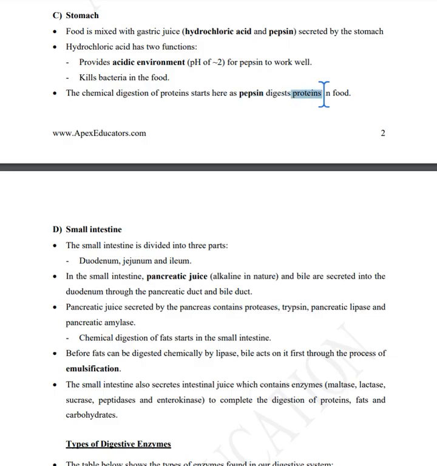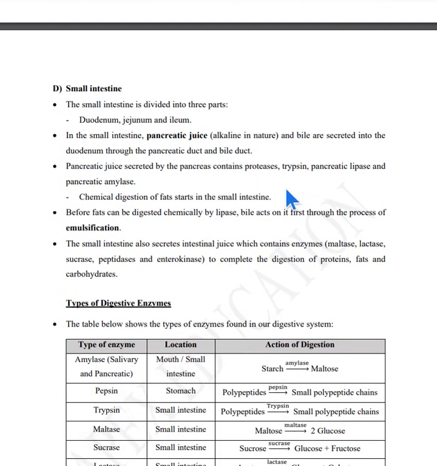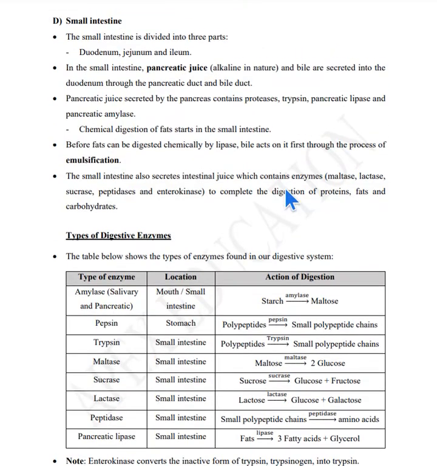The chemical digestion of protein starts here as pepsin digests protein. And then for the small intestine, you need to know the three parts: duodenum, jejunum, and ileum. You also need to know about the pancreatic juice in the small intestine. It's also very important. Before fats are digested chemically by lipase, bile acts on them first through the process of emulsification.